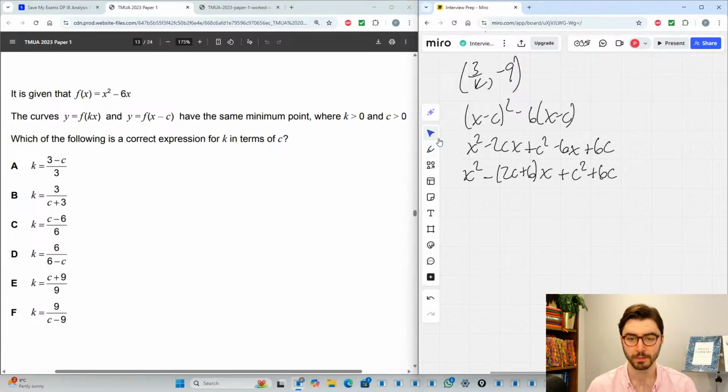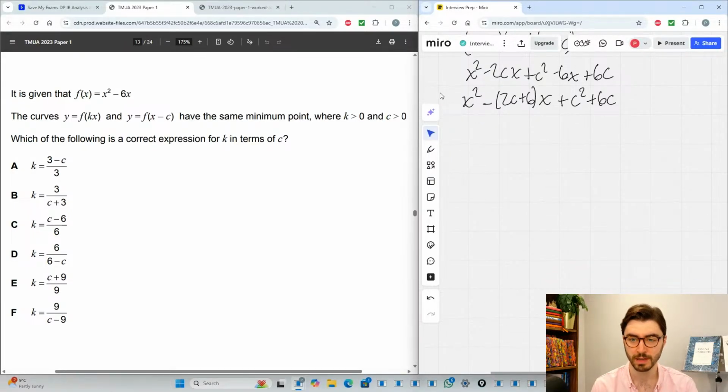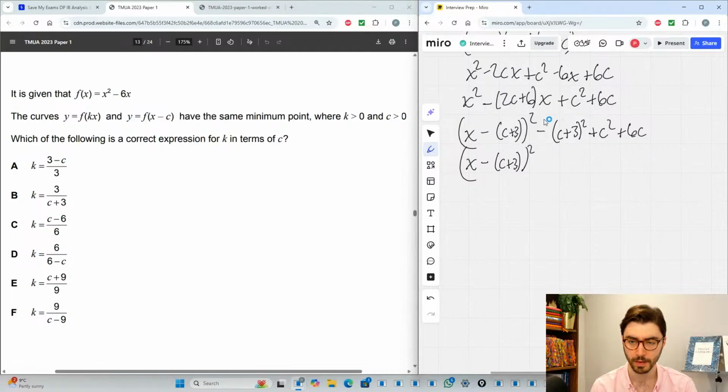Now that's going to be more of a completing the square situation, maybe, which will be (x minus (c plus 3)) all squared minus (c plus 3) all squared plus c squared plus 6c. That's (c plus 3) all squared minus c squared minus 6c minus 9 plus c squared plus 6c.